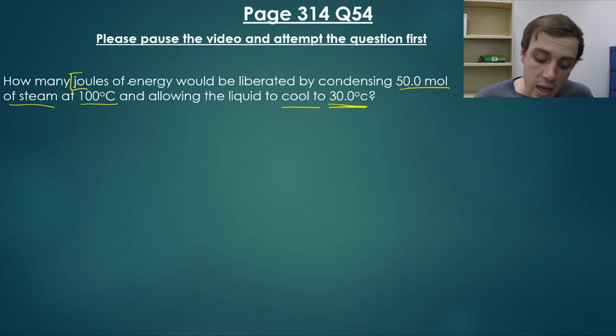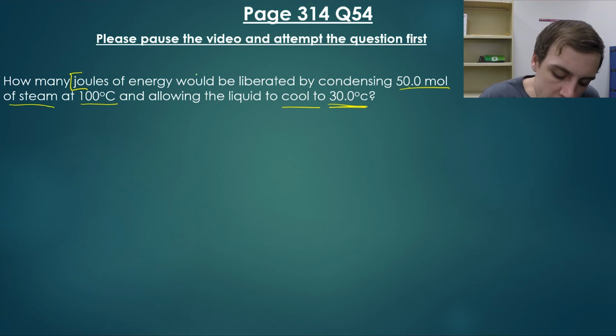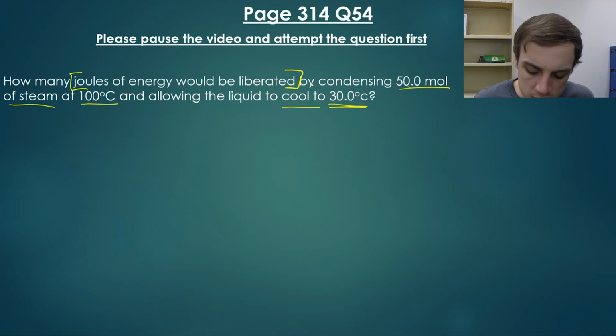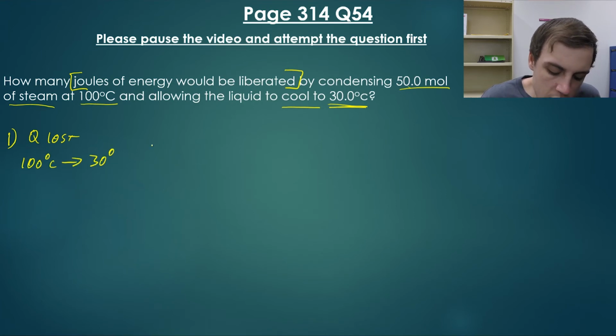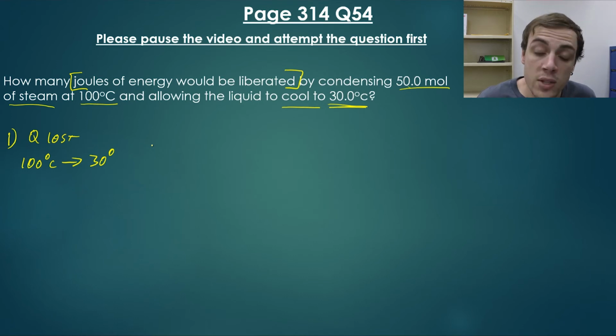So the question is asking how much energy would be released. They're just trying to use different fancy words. So the first part of this question is we need to realize the amount of heat lost by the cooling of 100 degrees to 30 degrees. And we also need to take into account the heat of vaporization. So we'll do that next.